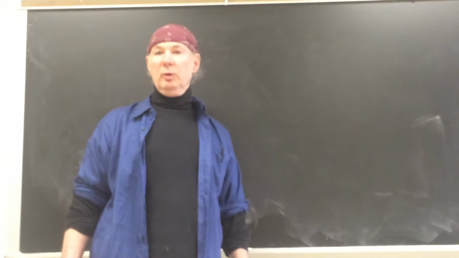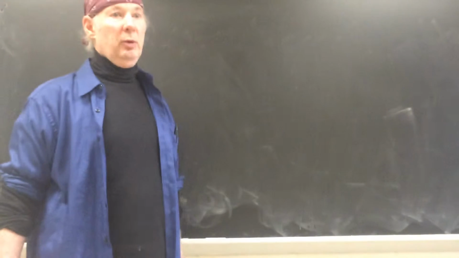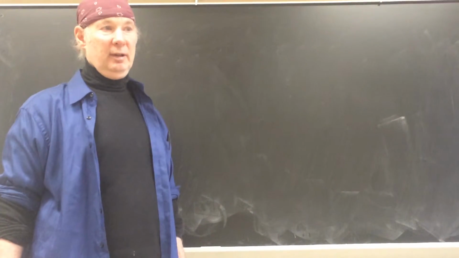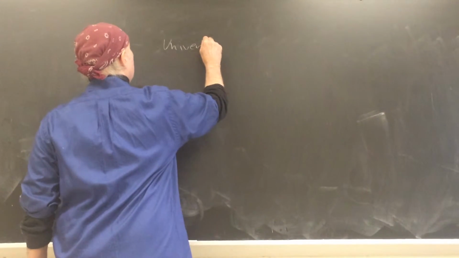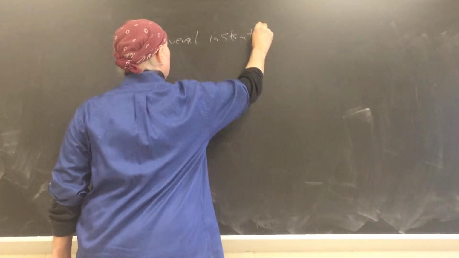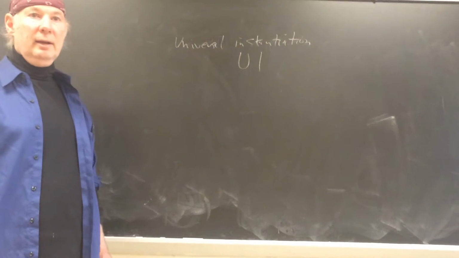Okay, so the first rule we're going to look at, the rules for adding and dropping quantifiers, is universal instantiation, the rule called UI.